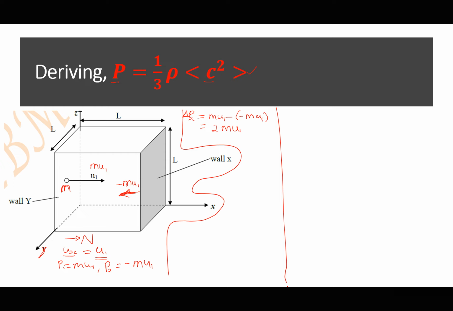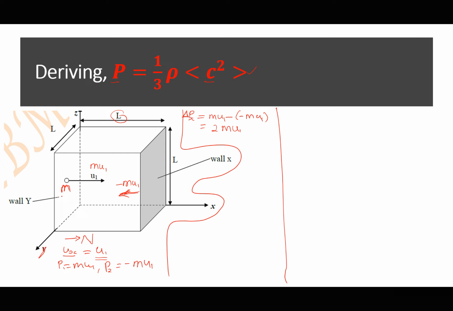It has moved from wall Y to wall X. That means it has moved through a distance L. Let's assume that the molecule now has to travel back to wall Y after rebounding. That means the time for the next collision can be estimated. The time between leaving wall Y until it collides again with wall Y can now be estimated.